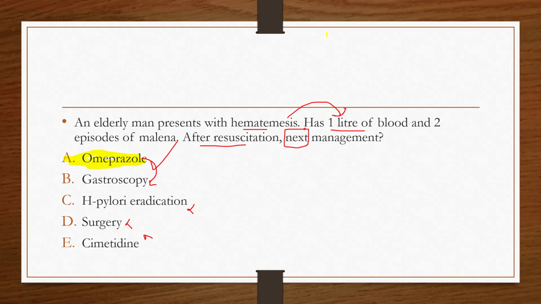So if you have been asked best investigation, yes, gastroscopy. But if you have been asked best next step in management, again, still the omeprazole. Gold standard investigation would be gastroscopy, Dr. Zarnab. Yes, if it was asked investigation.